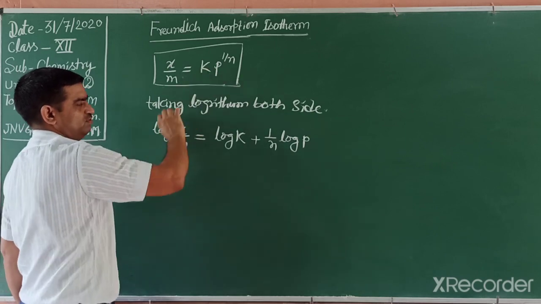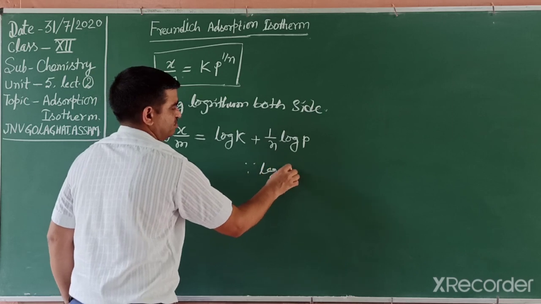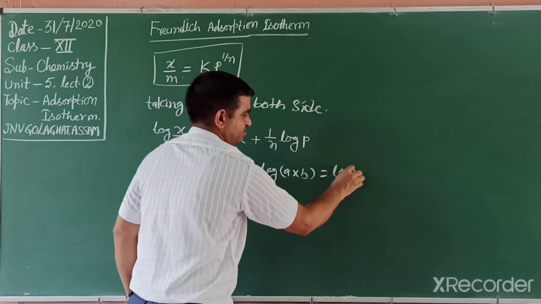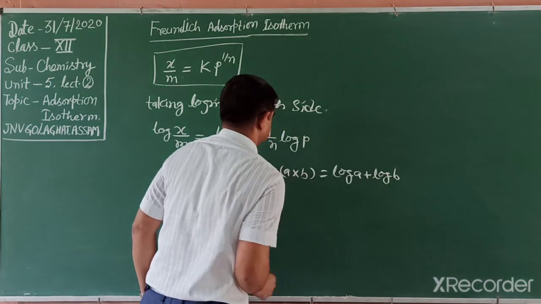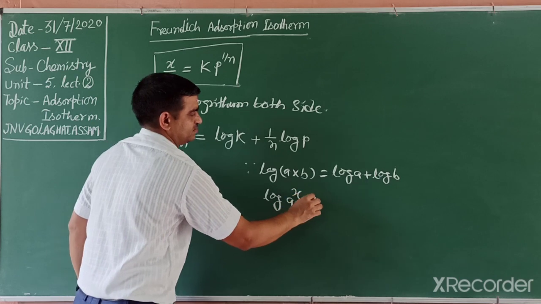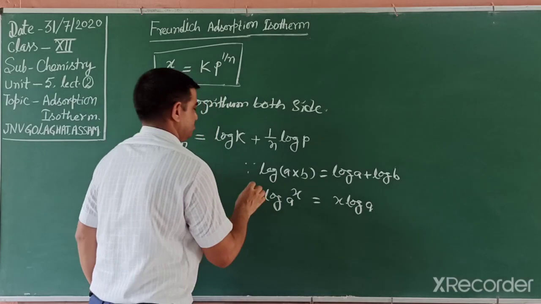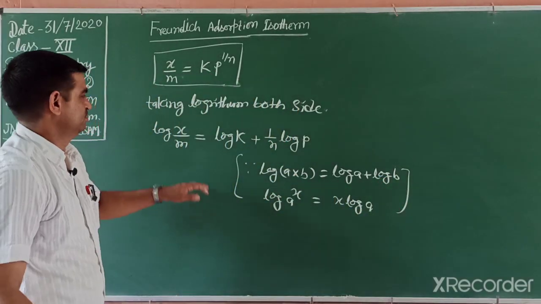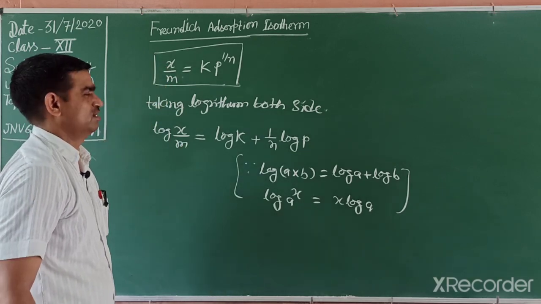Students, you know the log formulas. If log of a into b, then we write log a plus log b. The other one: log a power x is equal to x log a. So we follow these two formulas in this equation, and we get the new form of the Freundlich adsorption isotherm.